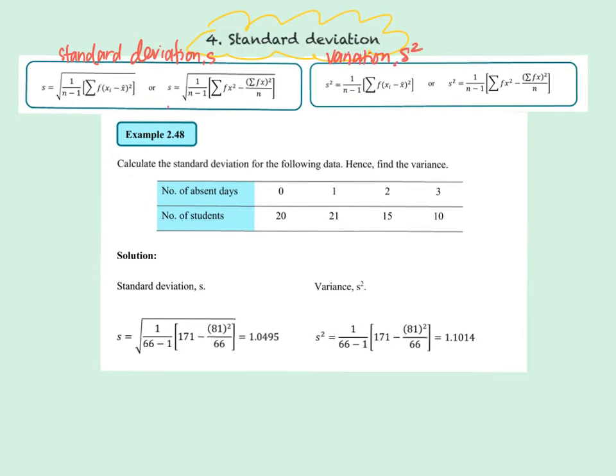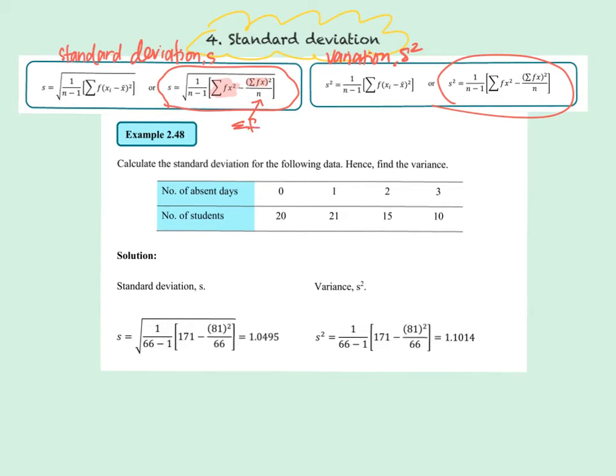The formulas that we are going to use are this one and this one. In the formula, we need to find the summation of fx and the summation of fx squared. And the value for n over here is actually the cumulative frequency.